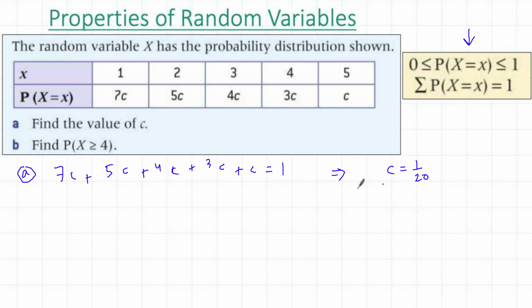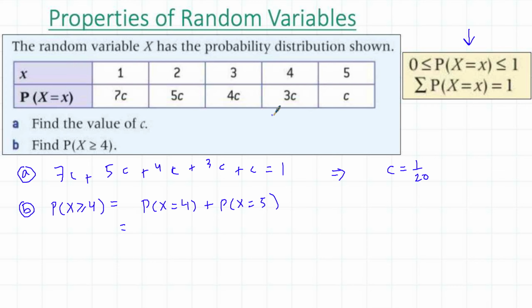Okay, once I have that, then I can calculate the probability given in part B. So I need the probability of x being bigger than or equal to 4. Another way of writing that is saying that you need the probability of it being exactly equal to 4 plus the probability of it being equal to 5.